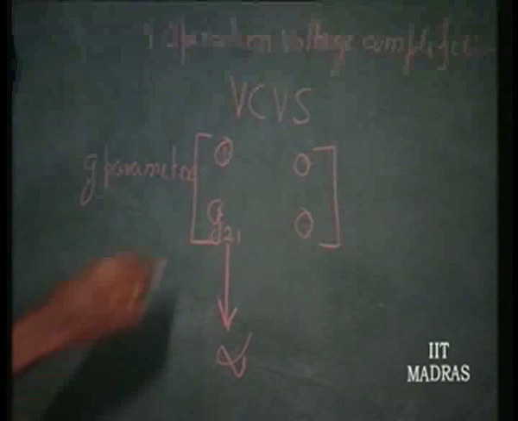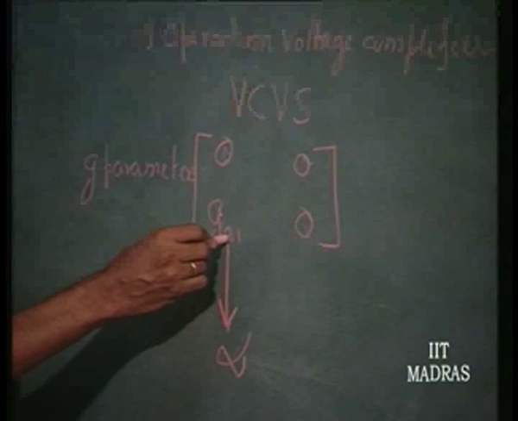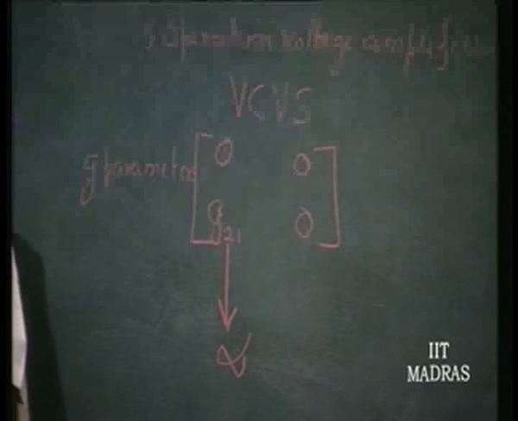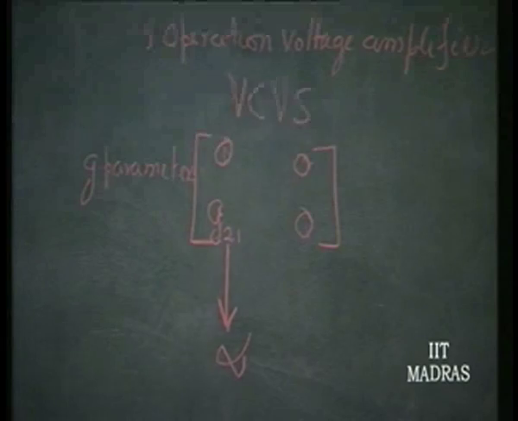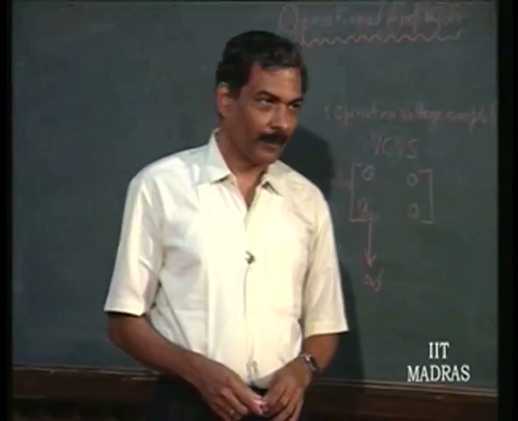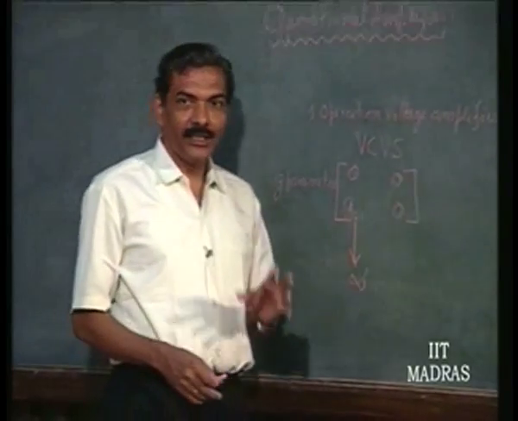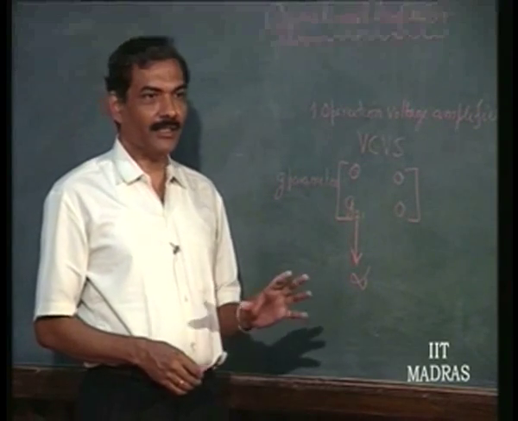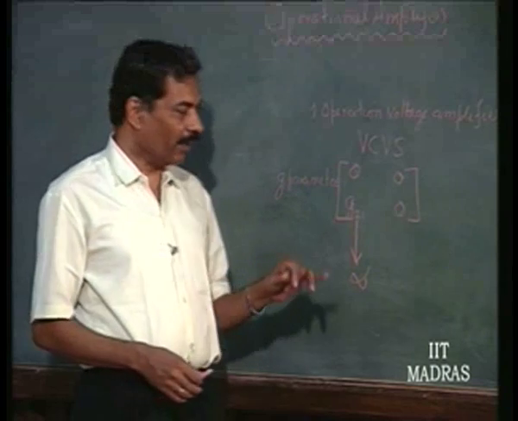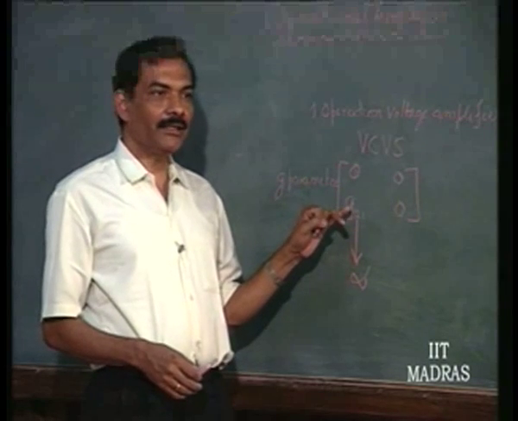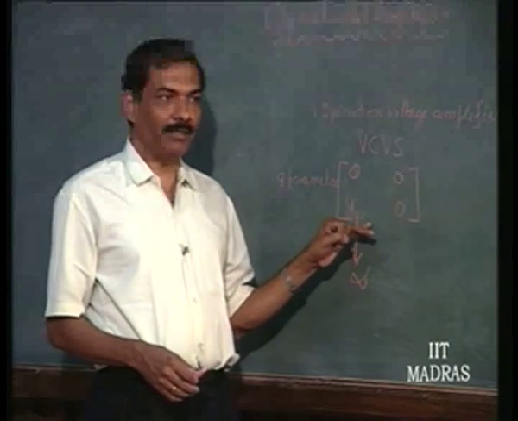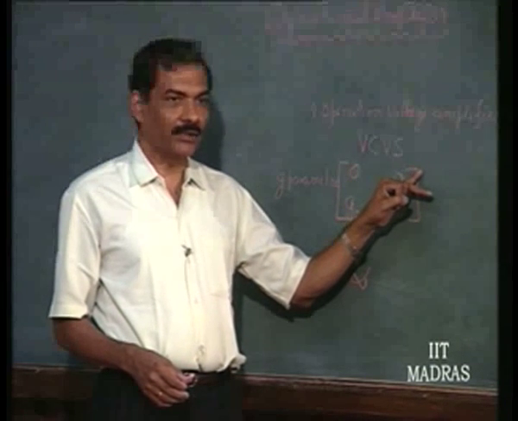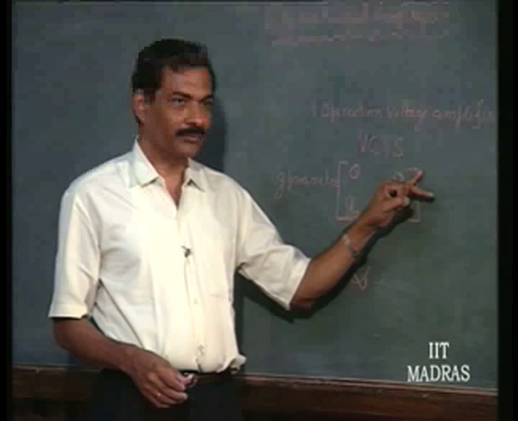So, boosting this and simultaneously reducing this is done by a simple act of cascading. So, it is necessary that in most of these operational amplifiers, cascading is an essential feature for simultaneously improving the forward transfer parameter and decreasing the reverse transfer parameter.